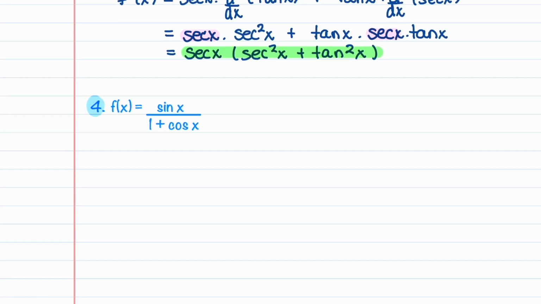In our fourth example, we have a function, f of x is equal to sine x divided by 1 plus cosine x. This function has a numerator and a denominator, so it is a quotient, and we can use the quotient rule.